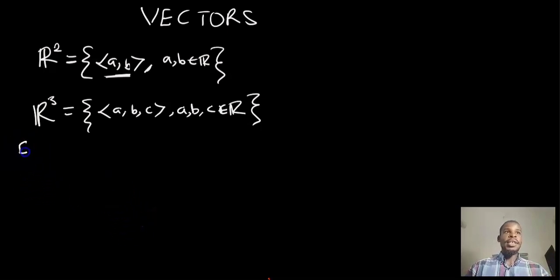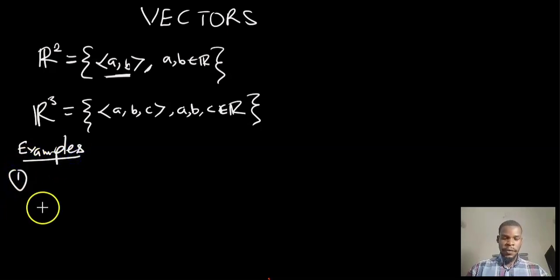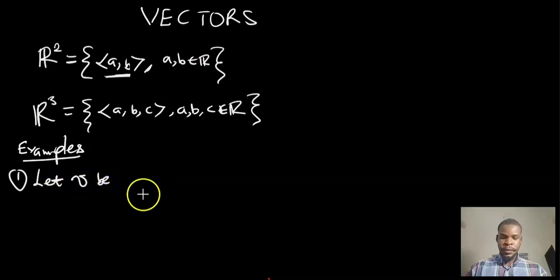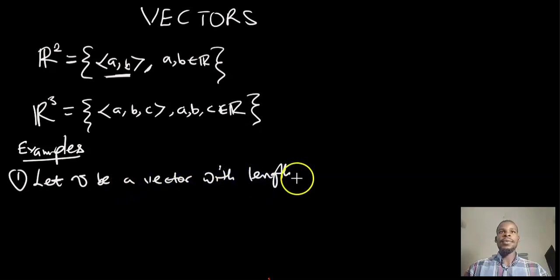So maybe let's just get into some examples. The first example is we want to represent this vector. Let V be a vector with length, that's with magnitude of 5, maybe 5 units, whatever units you may want, pointing northwest.